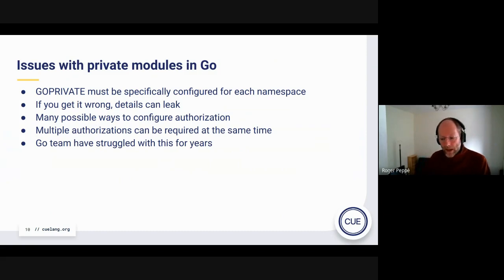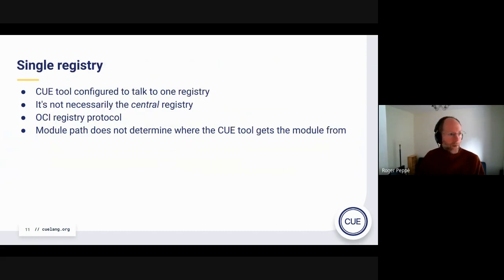Whereas what we're proposing is a single registry, which you can configure, and you can configure authorization for that one place. You've got one for a given Q evaluation. You're essentially talking about one logical source of truth for where all your modules are coming from.